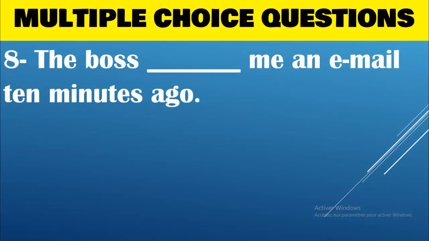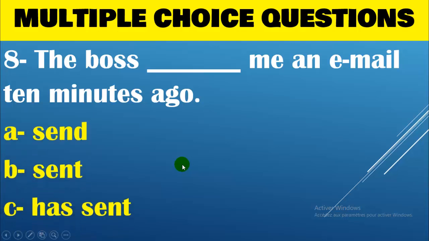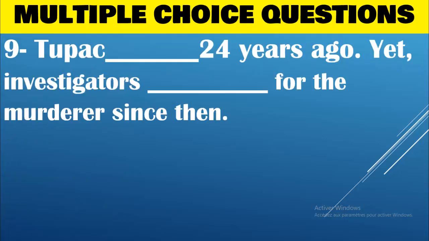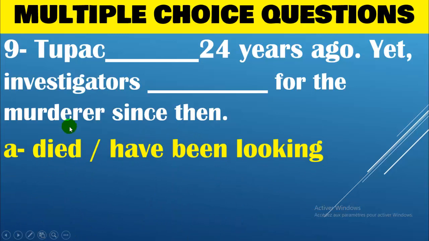Number 8, the boss me an email 10 minutes ago. Ago, send, sent, has sent. Ago va avec quel temps? Sent, prétérit, be. Number 9, Tupac 20 years ago. Yet investigators for murderer since then. Is it Tupac died?